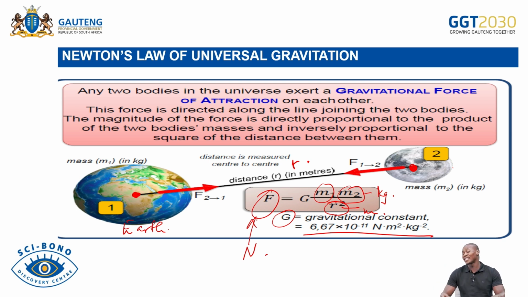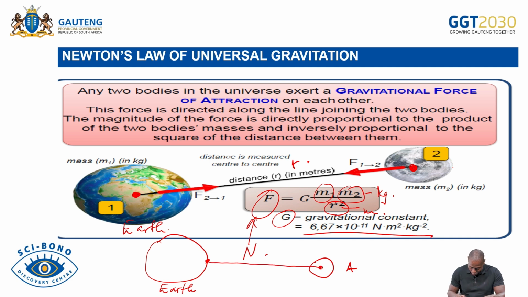So when they set questions, just to check if you understand the meaning of R, they will give you maybe, for example, the Earth, and then an object, let's say object A. And then they will just give you the distance from the surface of the Earth to the center of this object.